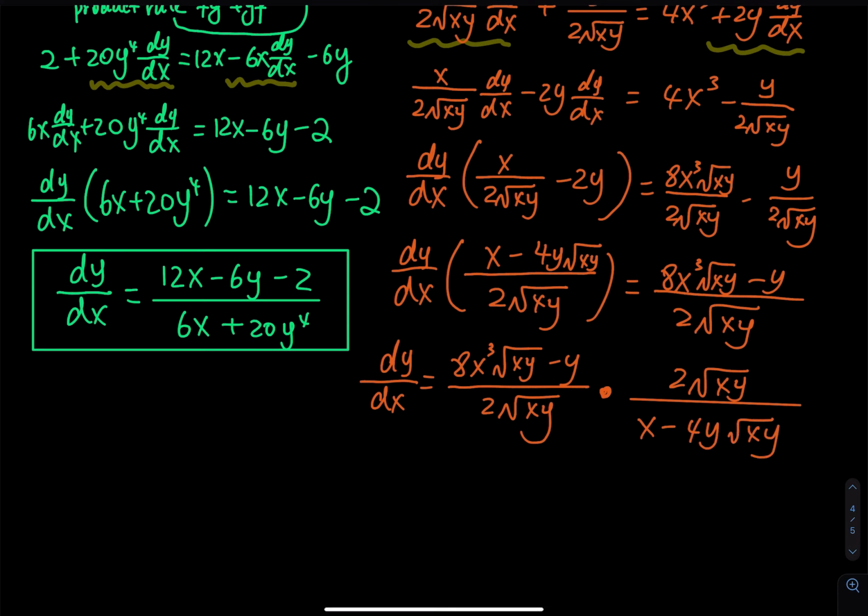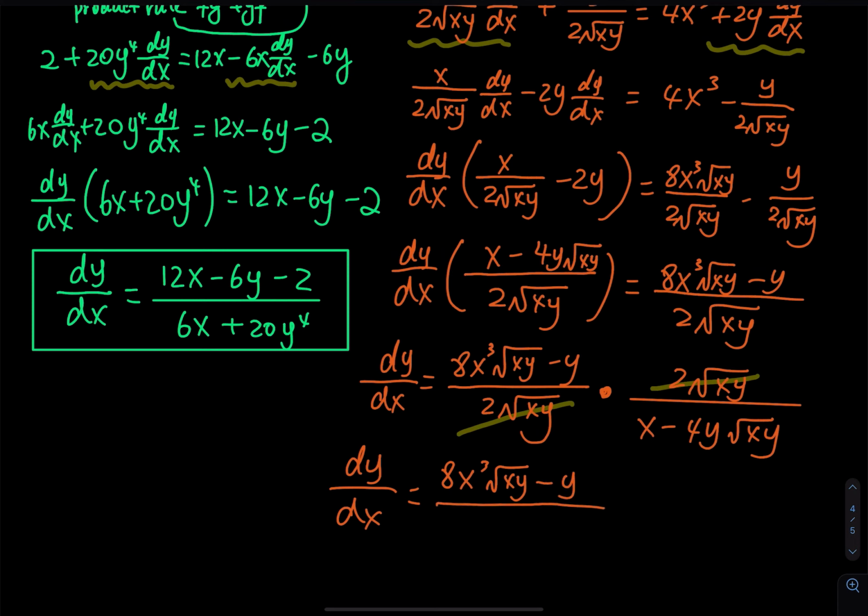And then I can see that these two terms got cancelled completely, and then the rest, I don't think you have to simplify the rest. So I will just take this, dy/dx equals 8x to the third root xy minus y divided by x minus 4y square root xy. So I will just take this as my final answer.